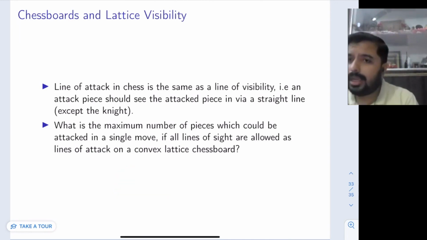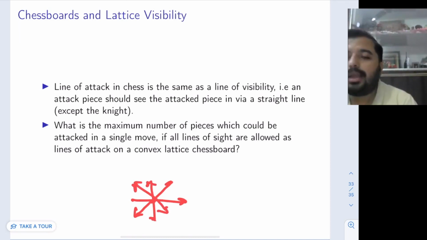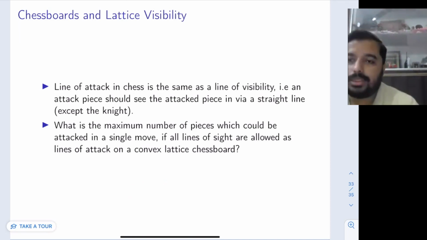So the idea is, how can you maximize this, given that you are allowed to choose any convex lattice polygon as your chessboard, and let's say the queen only has the lines of sight or attack allowed, which are these. But if I allow all possible lines of sight, essentially just visibility, how does this number behave?